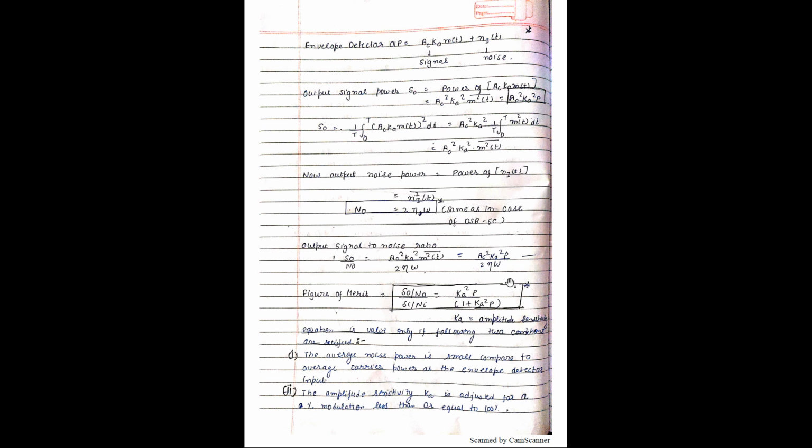Now, what is our next task? To find the figure of merit. What will be the figure of merit? That is the signal to noise ratio at output divided by the signal to noise ratio at input. The expression comes as this, and the value of this figure of merit is always less than 1.